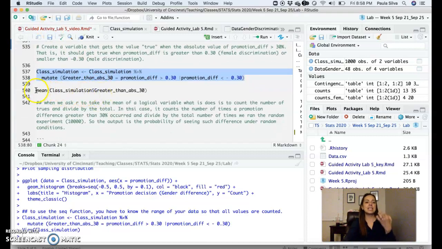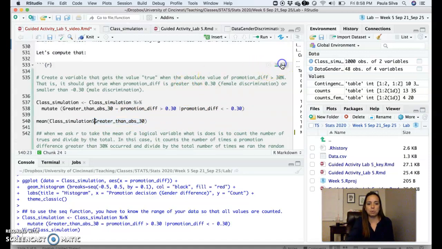Now, if you take the mean of a logical variable, greater than absolute 30 is a logical variable, inside class simulation, R will give us the proportion of observations that are either greater than 0.30 or smaller than -30.